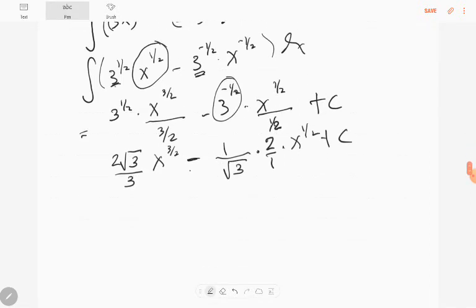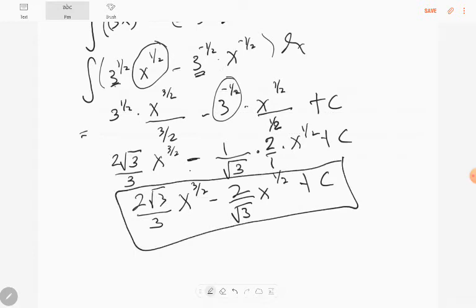So what we will have here is 2 square root of 3 over 3 x raised to 3 halves minus 2 over square root of 3 x raised to 1 half plus c.